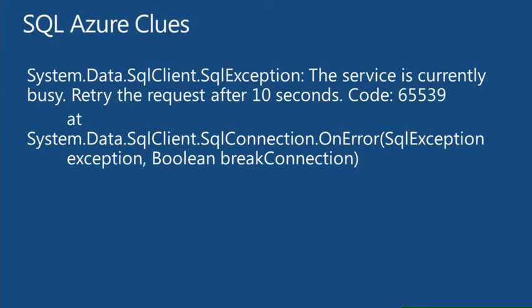The SQL Azure clues. We talked about this, but to drill it home, it's the different types of throttling. When you get this error code, we call it getting retried, you'll see an exception that looks just like this. It just says the service is busy, retry the request, kind of this blanket thing. But it gives you this code, and that code's the key, because that code will tell you what's going on.